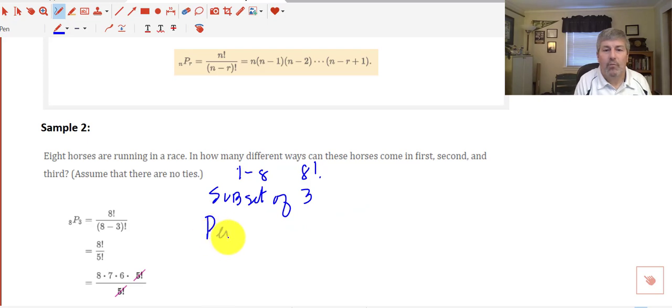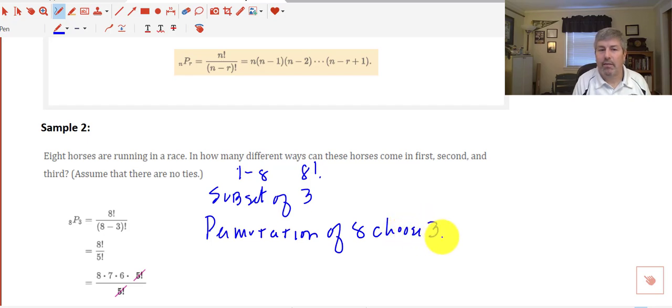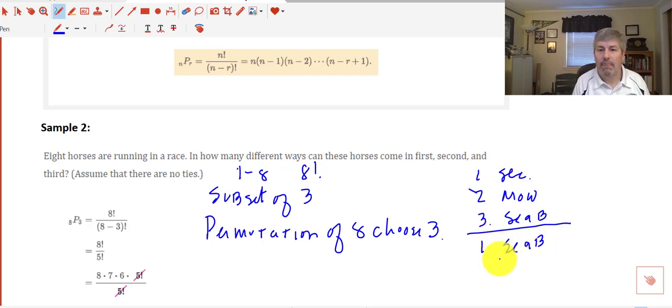This is the permutation of 8 choose 3. If Secretariat comes in first and Man o' War comes in second and Seabiscuit comes in third, that's going to be a different ordering than, say, Seabiscuit coming in first, Secretariat coming in second, and Man o' War coming in third.